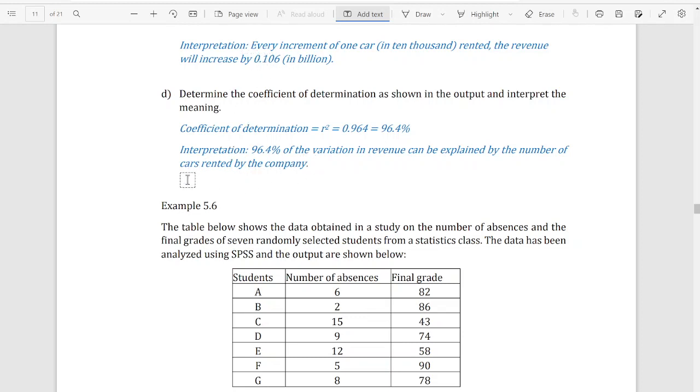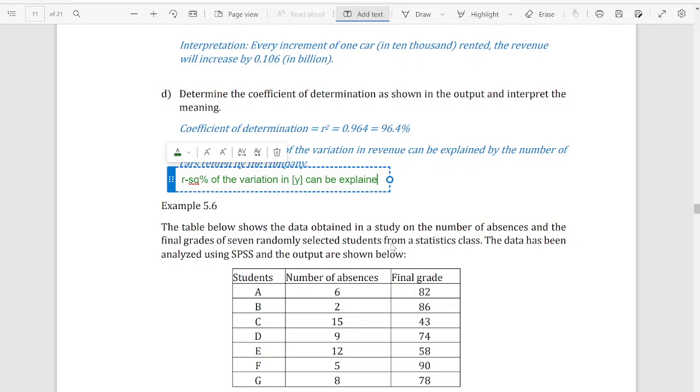In general, you can say like this: R squared percent of the variation in y can be explained by x.